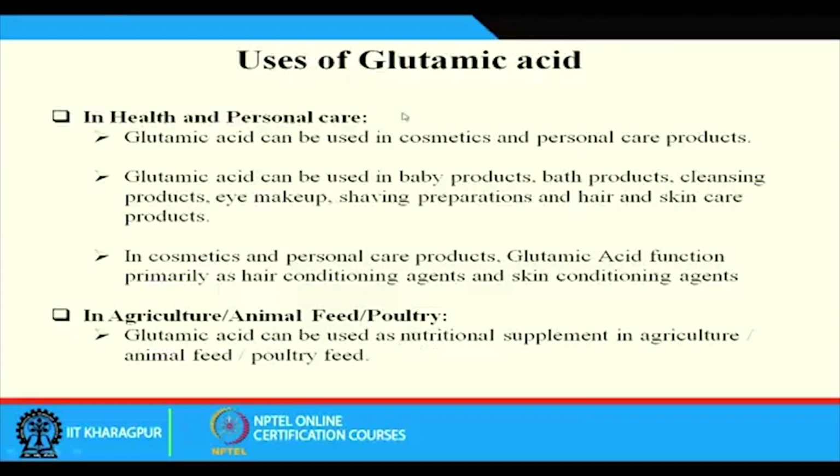Now, the use of glutamic acid in health and personal care. Glutamic acid can be used in cosmetics and personal care products, because in day-to-day life there are several cosmetic products. It can be used in baby products, bath products, cleansing products, eye makeup, shaving preparations, hair and skin care products.